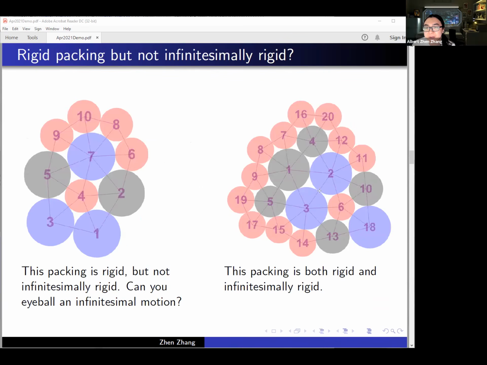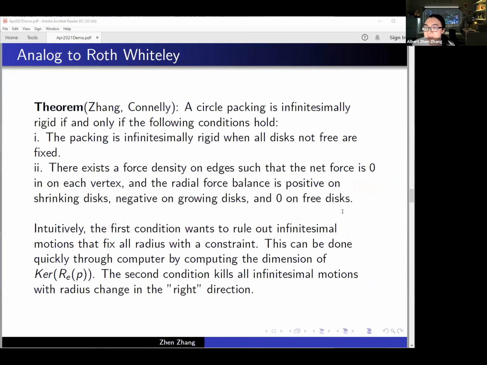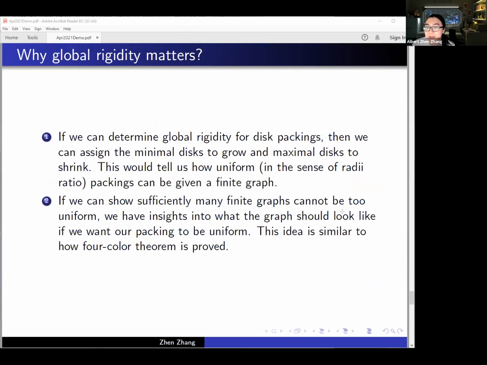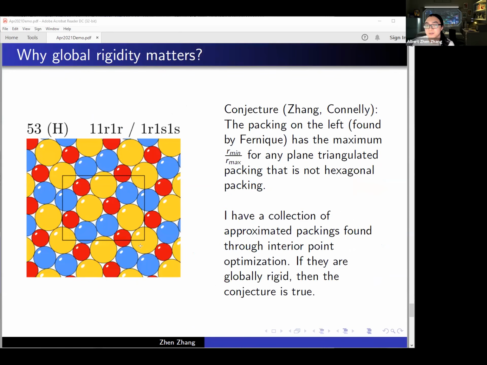If I can prove this one is globally rigid, and then its radii ratio is worse than Fernique's, then I proved that you cannot have this finite graph as a subgraph. So I want to eliminate enough finite subgraphs from all the possible planar triangulations.